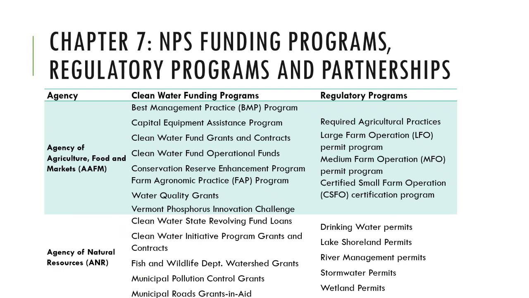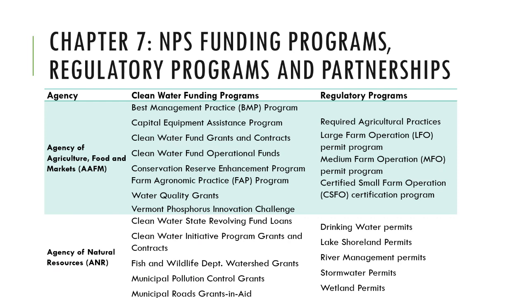These are really just some examples of clean water funding programs that are implemented by the Agency of Agriculture, and then also regulatory programs implemented by the Agency of Agriculture. The same with ANR.